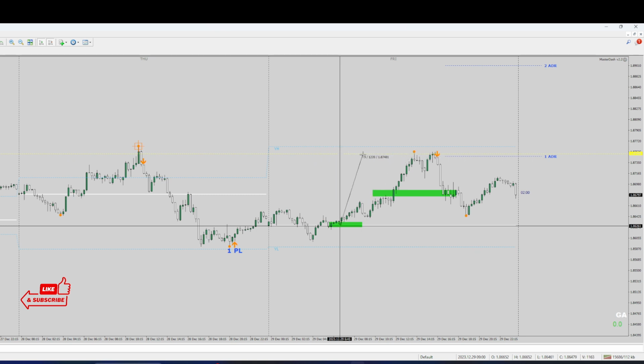But what else do we see before yesterday's high? We see one of the quarter levels. So I would definitely use this quarter point as a target. Okay. That's the target. All right. So we had a nice retracement.